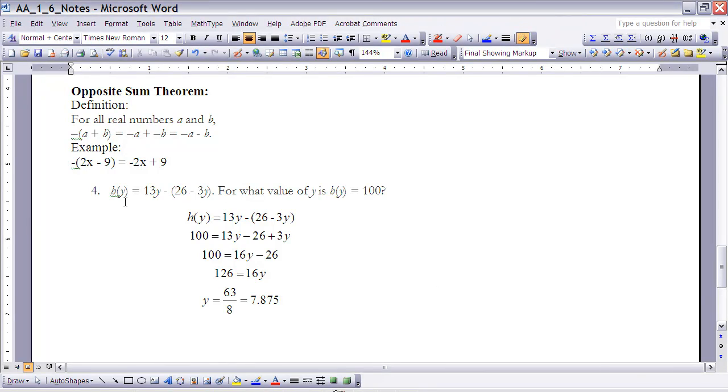It says h of y is equal to 13y minus the quantity 26 minus 3y. Okay, so if I'm going to solve that for when the function is equal to 100, I'm going to take h of y out and put 100 in. At the same time, when I do that, I'm going to distribute this minus to both of these to get rid of those parentheses.